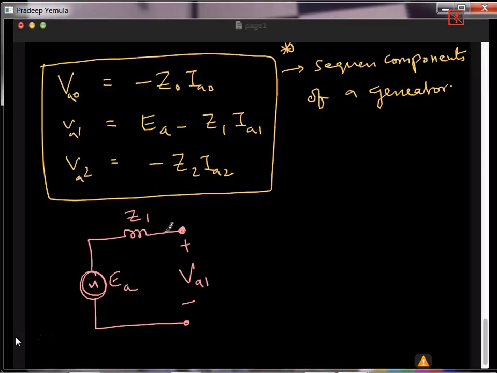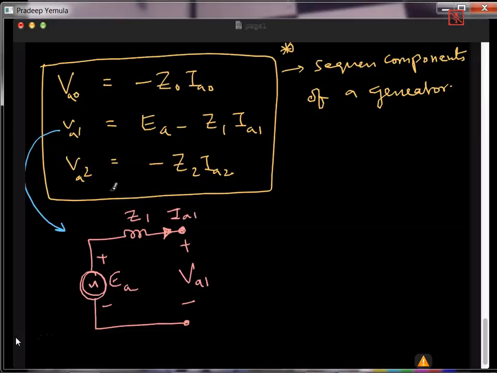The current direction is outwards, this is IA1. So this is nothing but this equation. VA1 is EA minus IA1 Z1, so this network gives this equation.